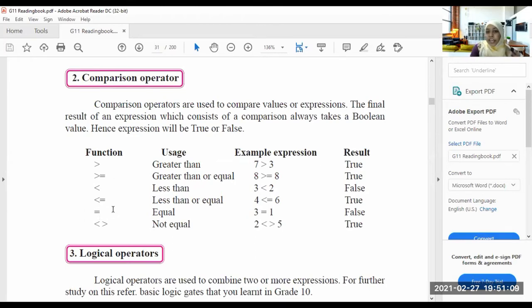But here in programming, we can't use a symbol like that. For that, we are using the greater than and the less than symbols face to face, opposite. So the meaning would be not equal. So 2 not equal to 5. True. Now understood these comparison operators?